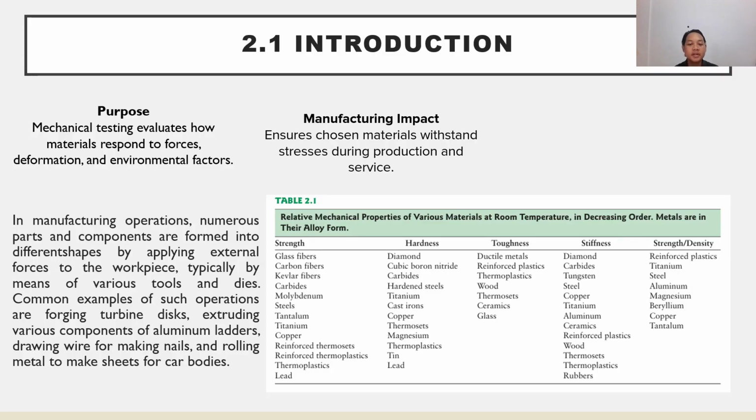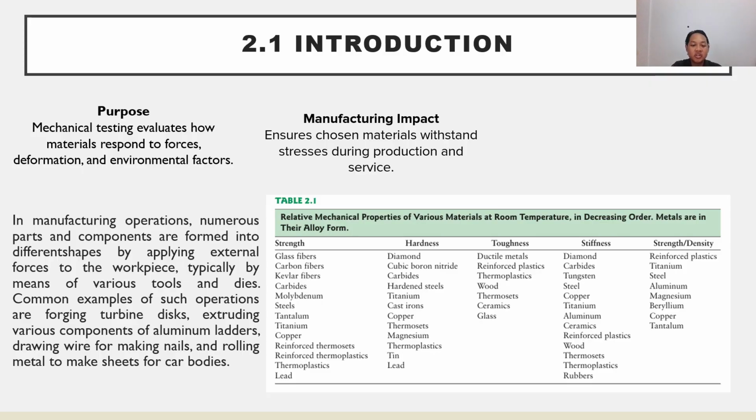Hardness: diamond, cubic boron nitride, and carbides. Toughness: ductile metals, reinforced plastic, thermoplastic, and wood. Stiffness: diamond, carbides, tungsten, and steel. And strength: reinforced plastic, titanium, steel, and aluminum.